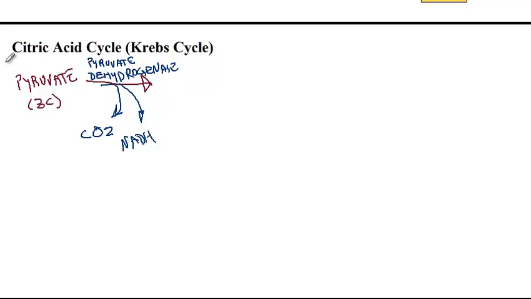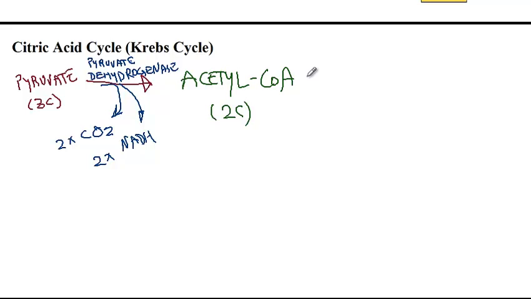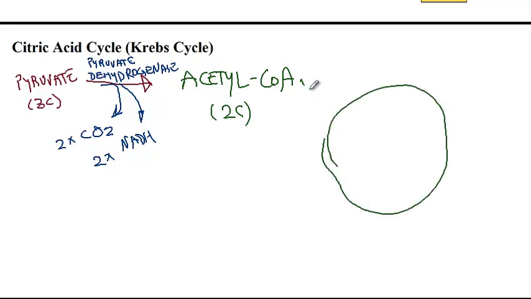And remember, a glucose yielded 2 pyruvate, so therefore everything is multiplied by 2 if we want to know the fate of one glucose molecule that we are discussing here. Now the product of this decarboxylation is acetyl coenzyme A, which is a 2-carbon molecule, and now this acetyl coenzyme A can enter the citric acid cycle.